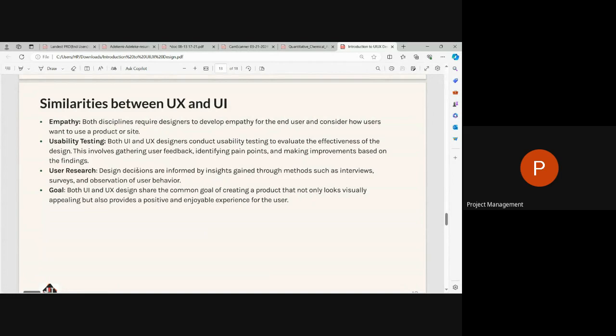The third one is user research. Both designers, UX or UI, have to conduct research because, like I said, you cannot make decisions on your own as a designer. You have to consider the users. No designer will design from scratch. Designers are like artists: you gather templates, you research templates and come up with yours.